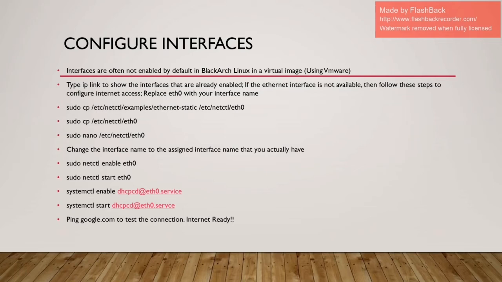So you want to type sudo cp /etc/netctl/examples/ethernet-static. And notice, for the sake of the slide, you see eth0 on every single command, but you want to replace it with yours. And follow each command by copying the file with your assigned interface name.